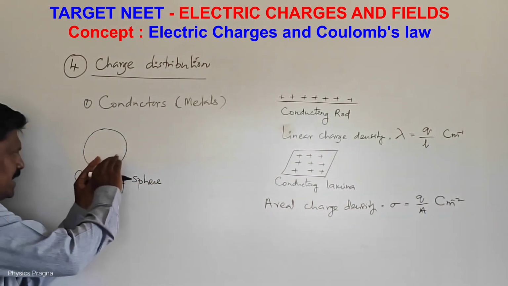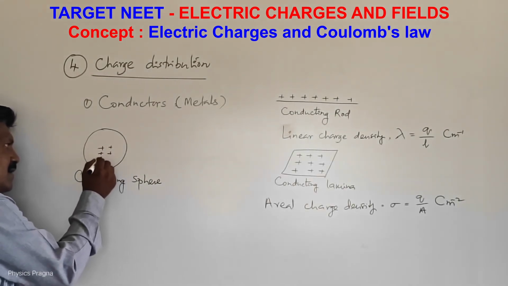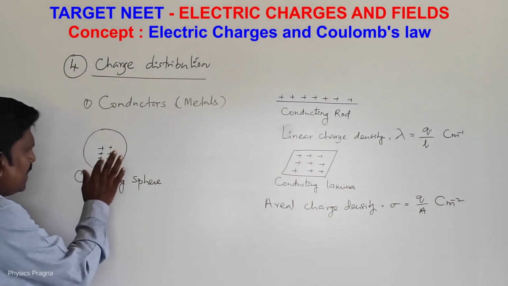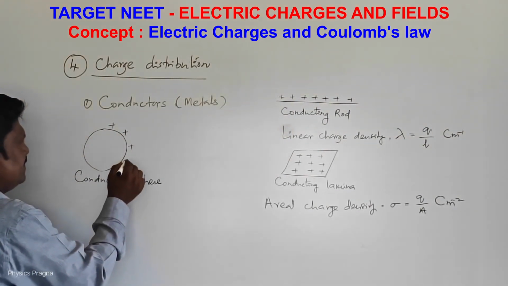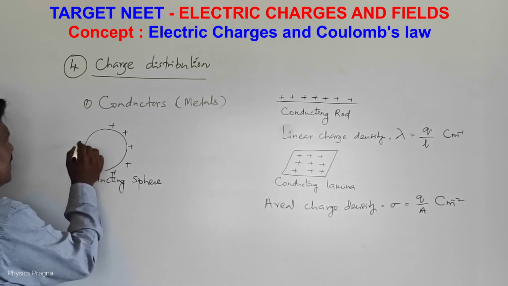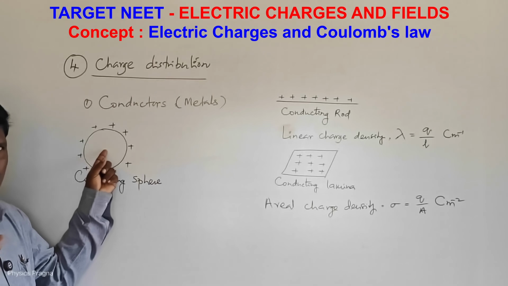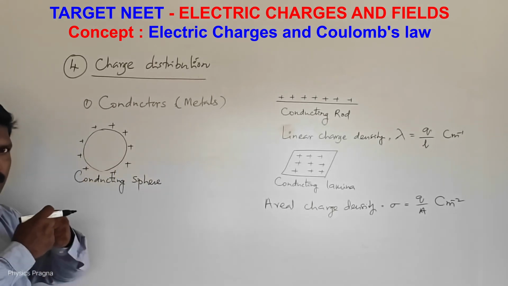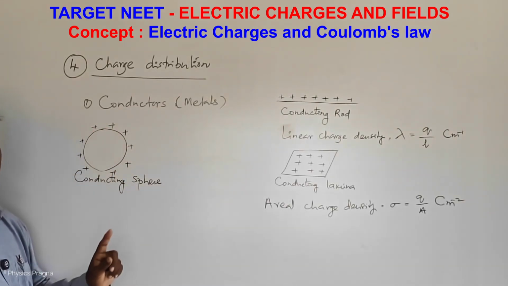If I give charge to the conductor, charges repel each other, and charges can move freely in a conductor. Then what happens? All the charges reside on the surface of the conductor. Inside they won't, because they repel each other, they can move freely, and they are distributed on the surface of the conductor.